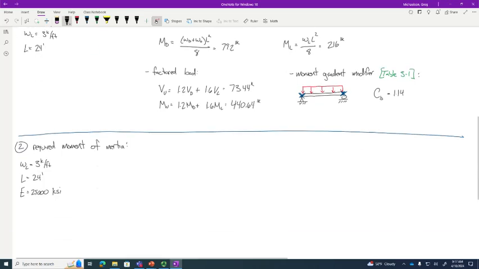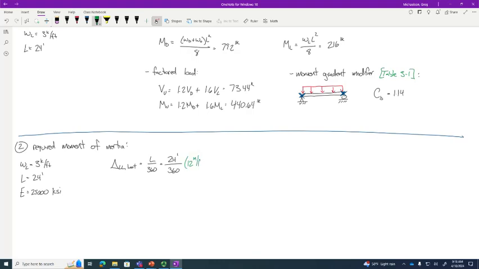The first thing that we need to determine is our limit, which the problem said that we had to limit deflections to L over 360. So this is 24 feet over 360. Am I missing anything? Times it by 12.